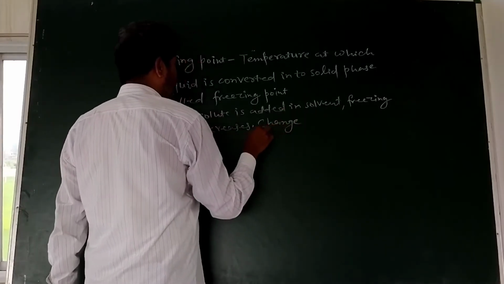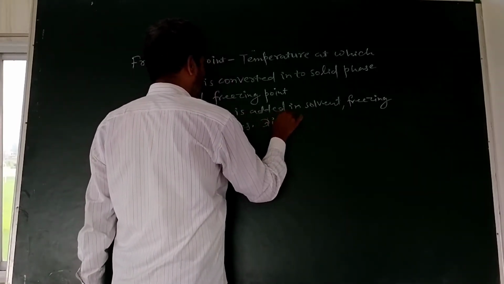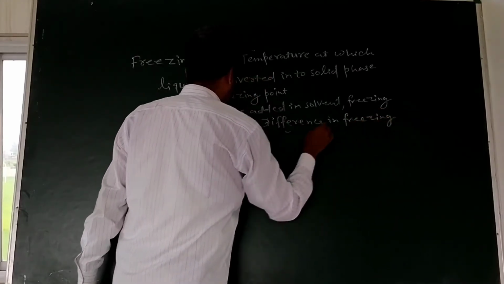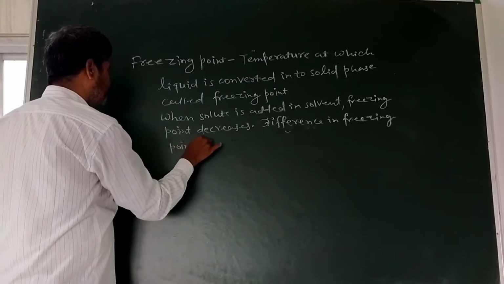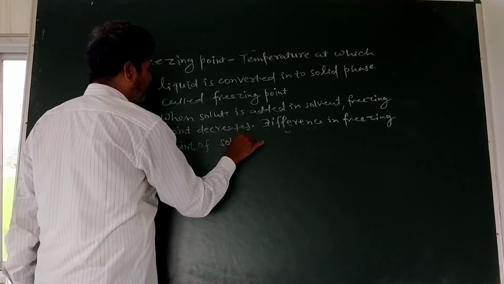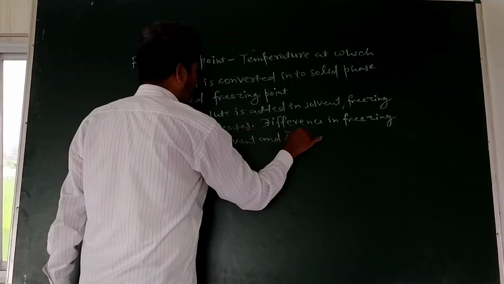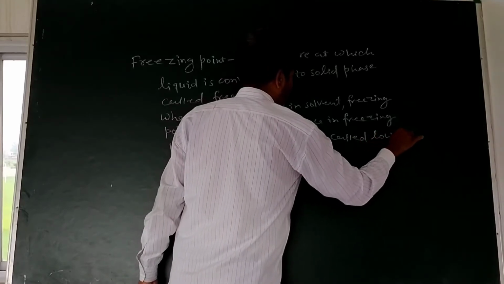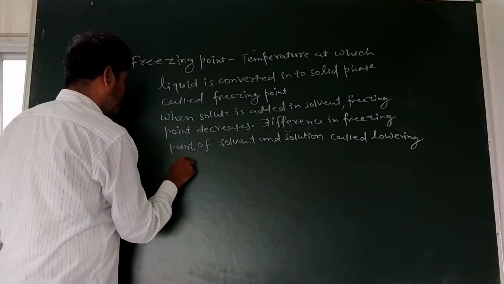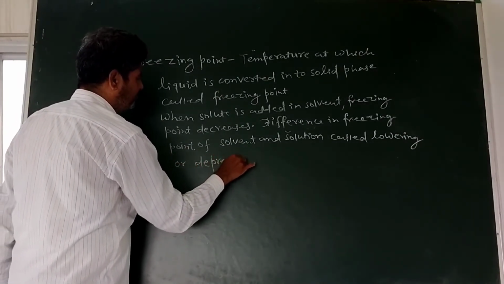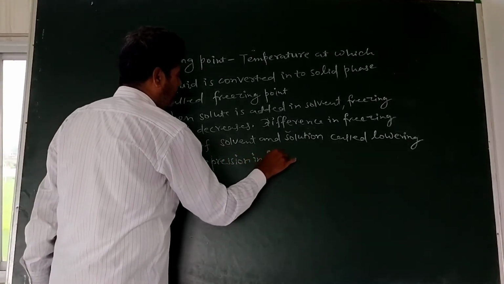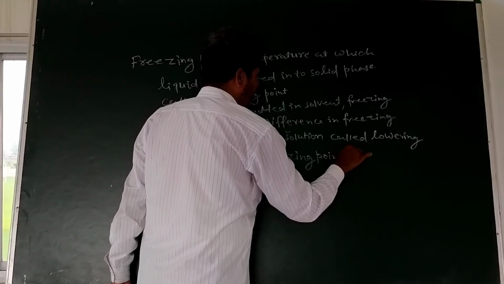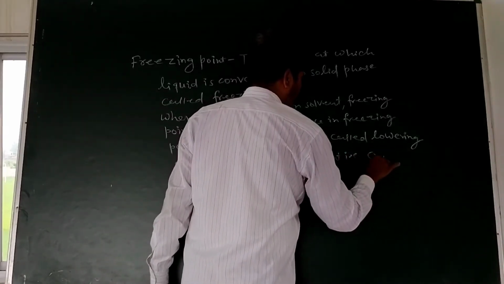The change or difference in freezing point of the solvent and solution is called lowering or depression in freezing point. That is cryoscopy.